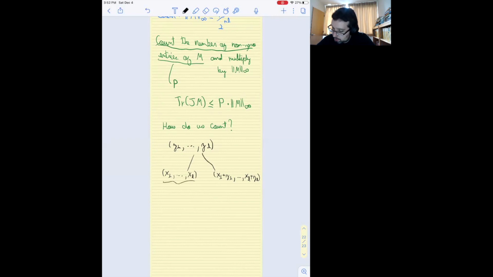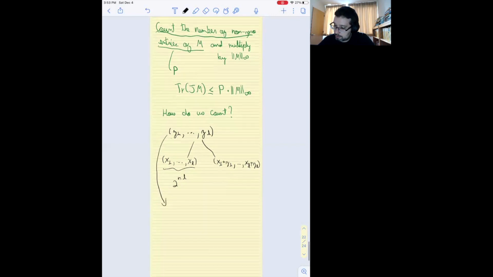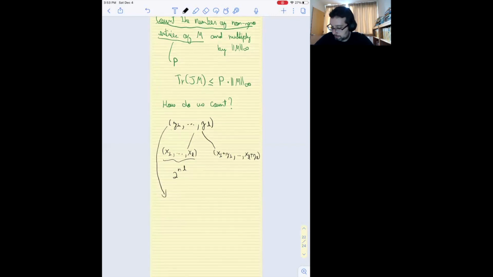We can freely choose among the 2 to the nL choices, and their difference is going to generate this tuple. So it's enough for us to just focus on the difference, count how many L-tuples can be non-zero, and then multiply this by 2 to the nL. It may have been slightly confusing, but I'm going to clarify it later. Let's just focus on this difference and see how many can be non-zero.